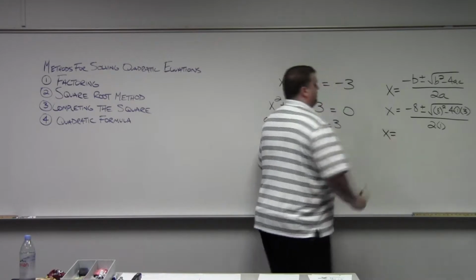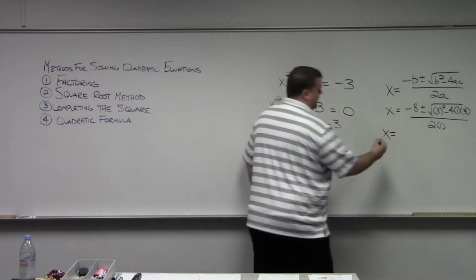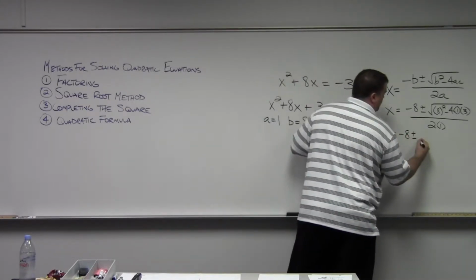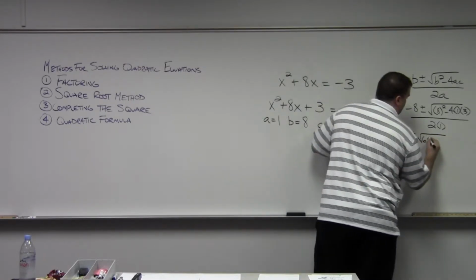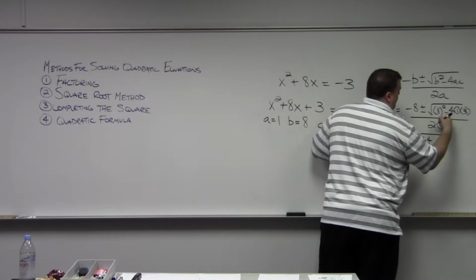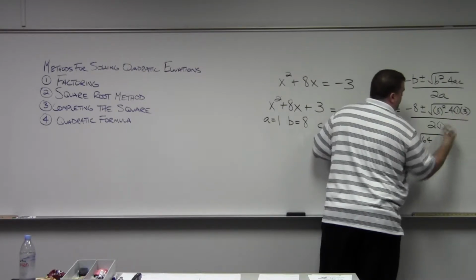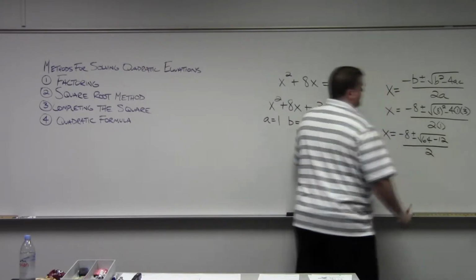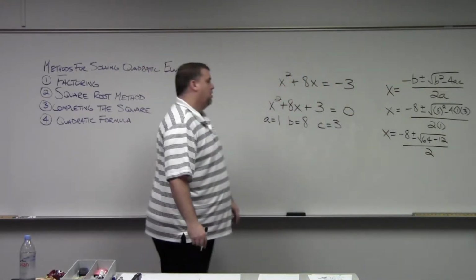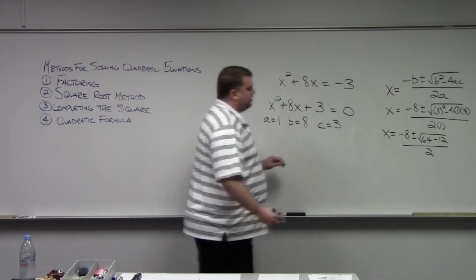So let's simplify it. Negative 8 plus or minus. What's 8 squared? 64. Minus 4 times 1 times 3 is 12. And then 2 times 1 is 2. We have to simplify the radical first.